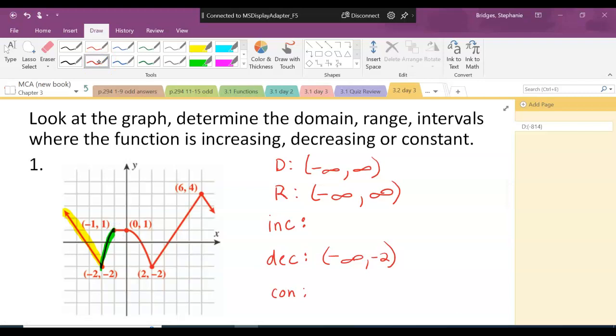And from what X value to what X value? Negative 2 to negative 1, okay? So far, so good? Then that next section of my graph until it changes movement again is just straight. What would that one be? Constant, and that's from what x value to what x value? Negative 1 to 0.